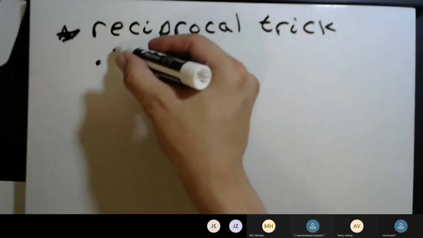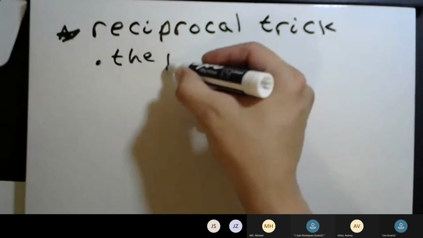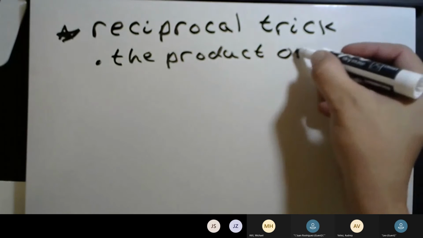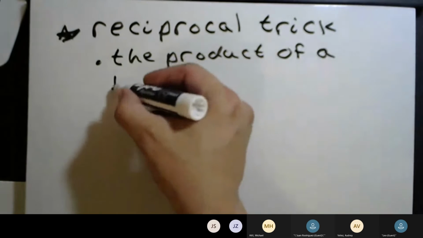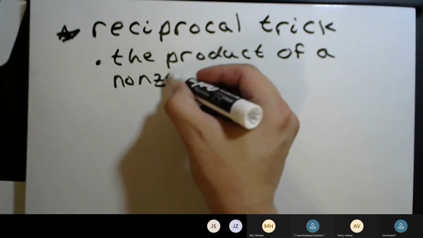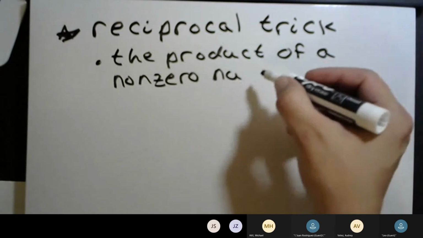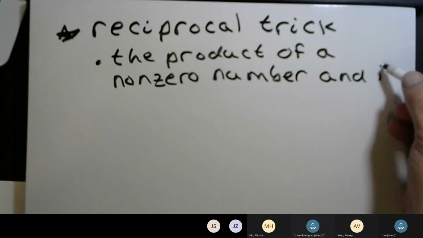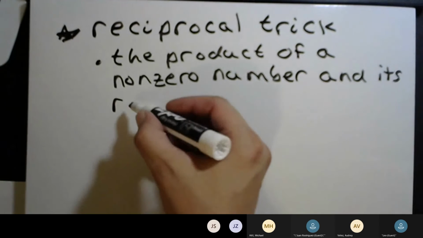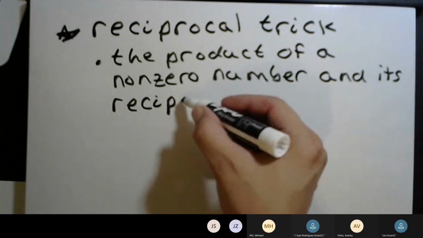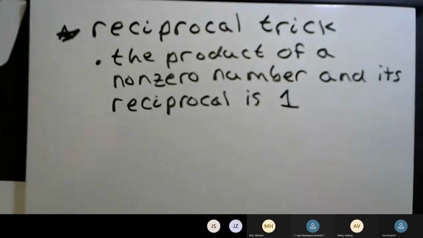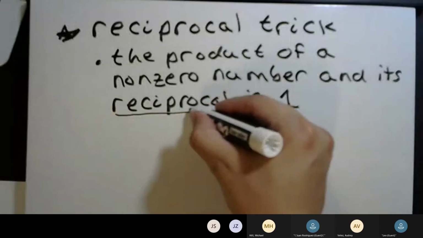And it says this: the product of a non-zero number and its reciprocal is 1. I'm going to talk about what a reciprocal is, but you'll see this term every once in a while.